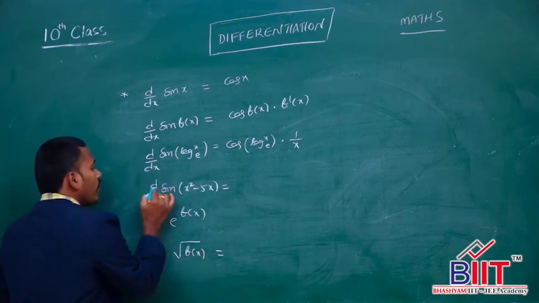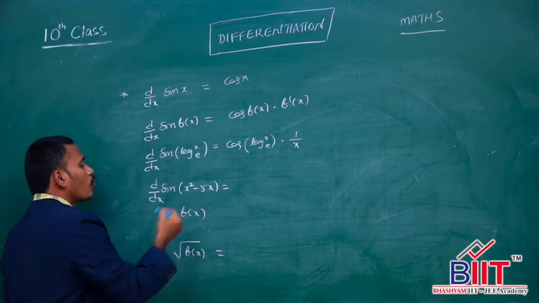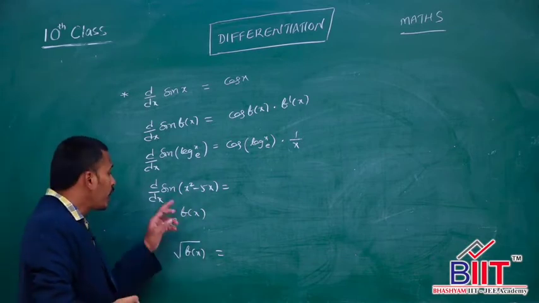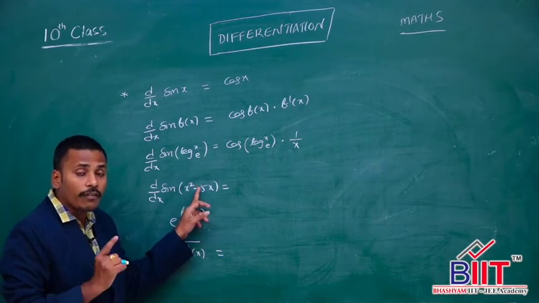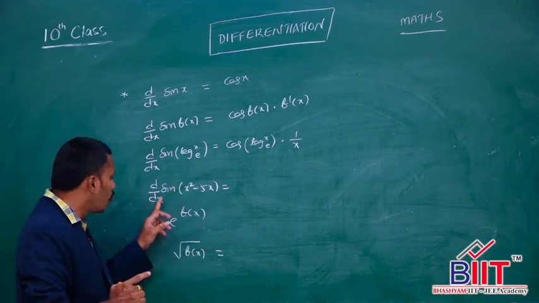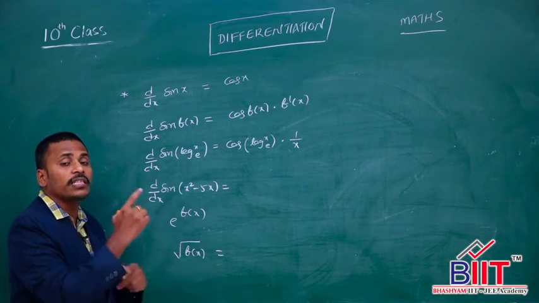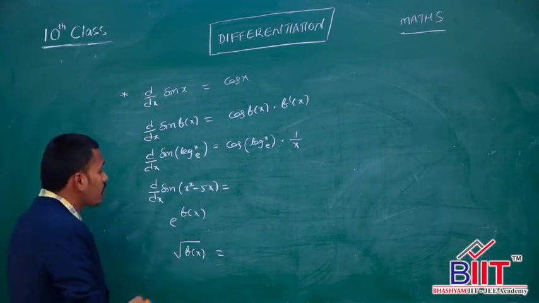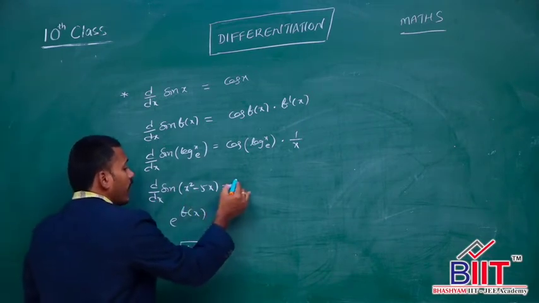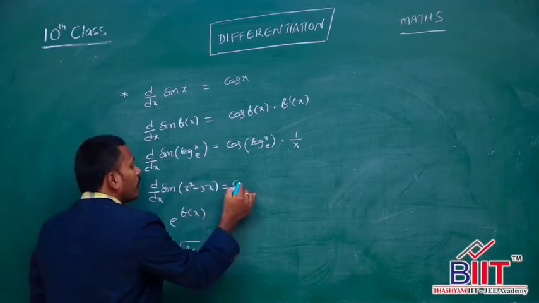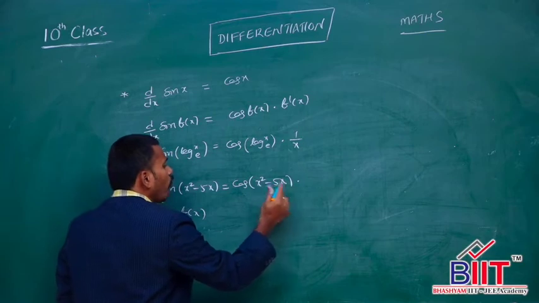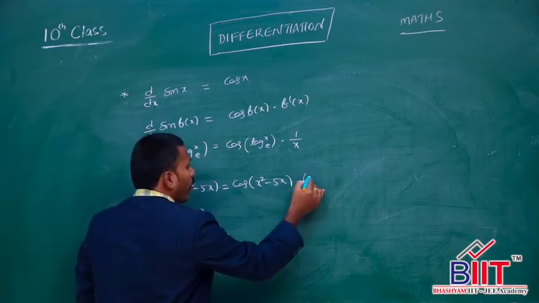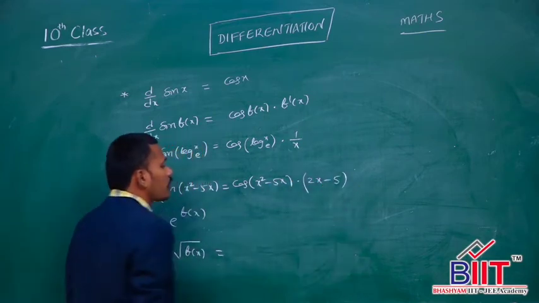And the next thing is d by dx of sine of x square minus 5x. Again here for the sine, my input is x square minus 5x, but we are calculating the derivative only with respect to x. In that case, the concept of chain rule arises. First of all, write the derivative for sine. Sine of something is simply cos of something into the derivative of that something, which is what? x square is 2x and for 5x it is 5.